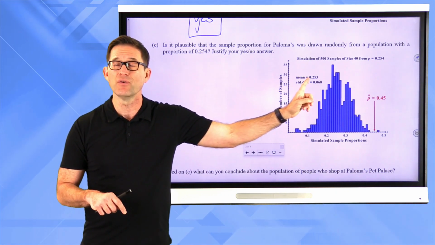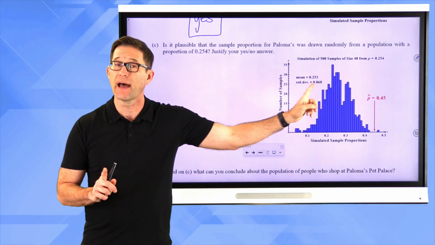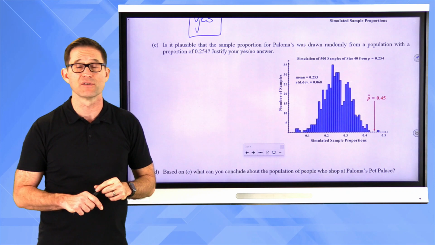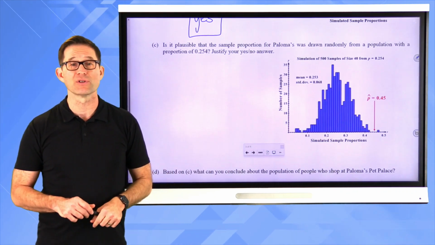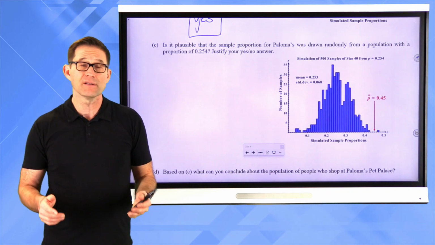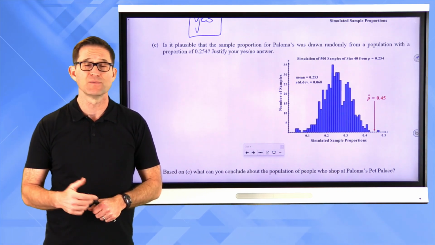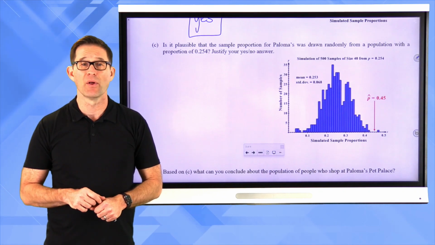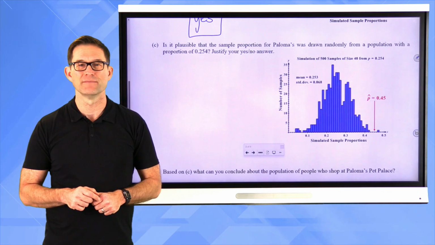So take that 0.253, subtract 2 of these standard deviations from it, add 2 of these standard deviations to it, and see whether our sample proportion falls within that. If it does, then it's plausible that that's just pure blind luck, just sampling variability. If it doesn't, then we'll discuss. Pause the video now.